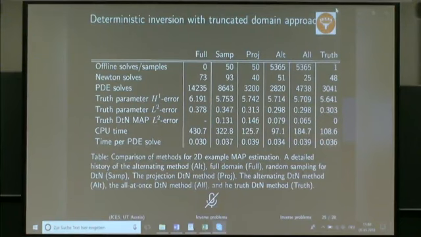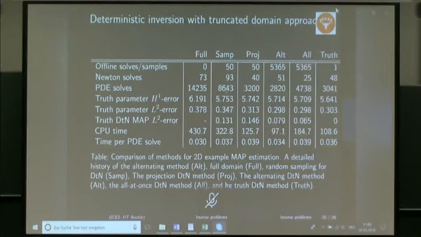Okay, and then you invert for the number of coefficients of the POD modes and the parameter in the domain that you are interested in, or the domain that is well informed by the data. That's the third column. And you see we already reduced about half of the number of PDE solves, which is good.